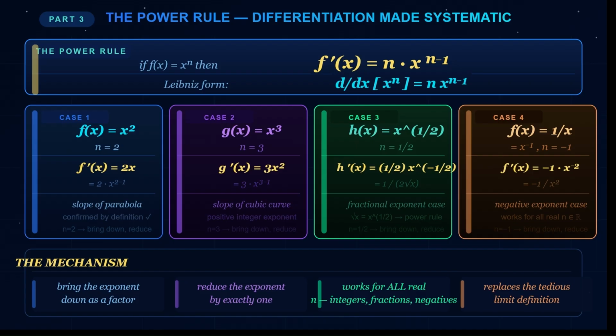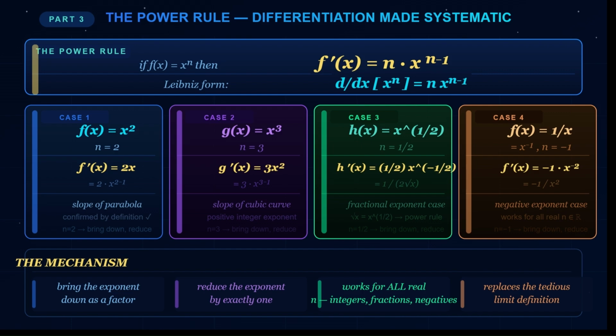Let us verify this for a few cases. For f of x equals x squared, applying the power rule gives f prime of x equals 2 times x to the first power, which is 2x, exactly what we found from the definition. For g of x equals x cubed, g prime of x equals 3x squared.